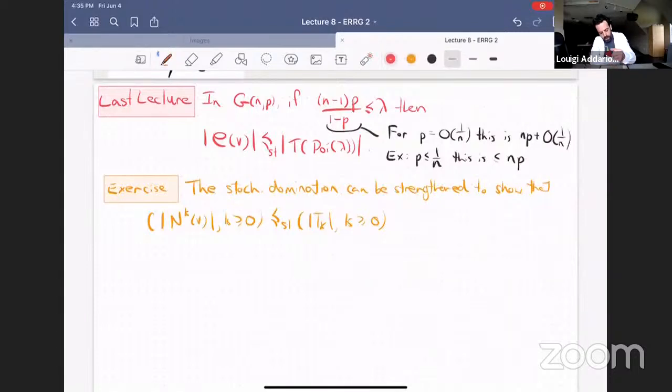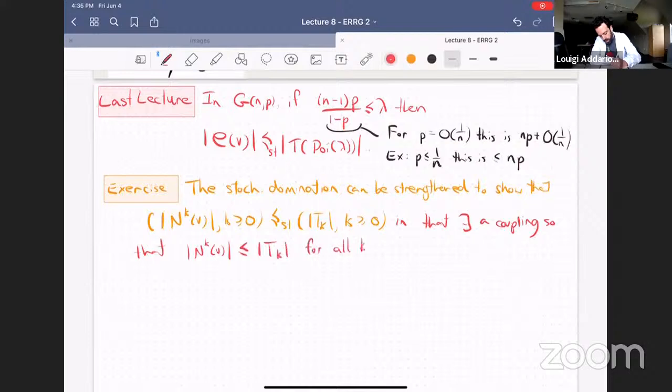This is true in that there exists a coupling so that the size of N_k(v) is at most the size of T_k for all k.